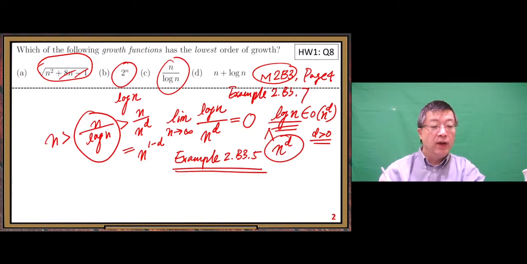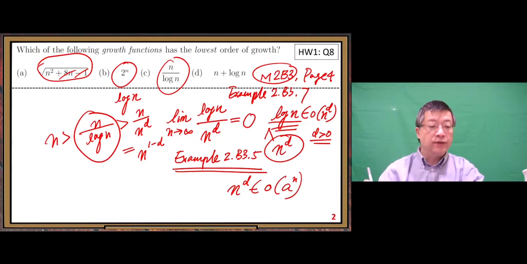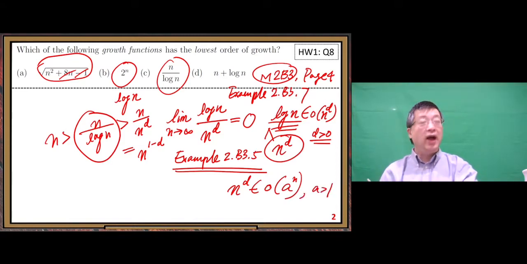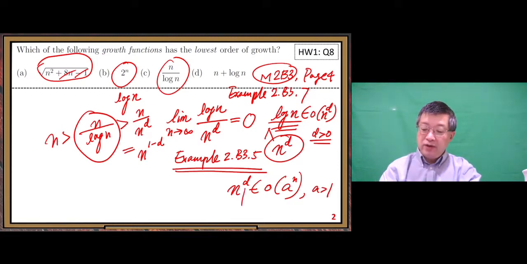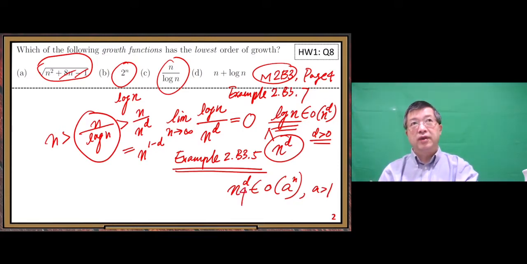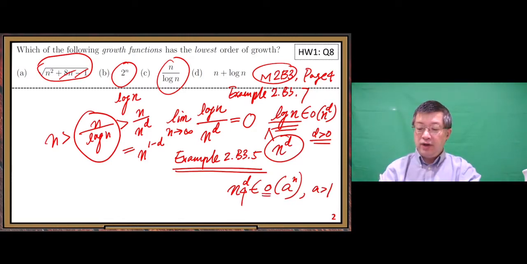In this example, we have n to the d belongs to little o of a to the n, an exponential function with a greater than 1. We did that. This time, you take d a large number, no matter how large it is, it is still little o of a to the n.